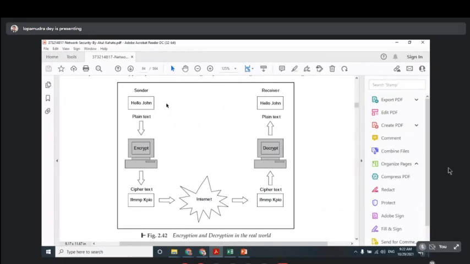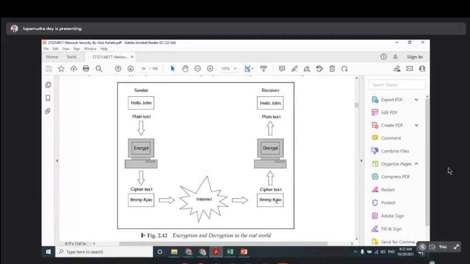In the application layer you are writing something, then it goes to the presentation layer, where the plain text to ciphertext conversion is done. Then this ciphertext is transferred to the session layer, transport layer, network layer, data link layer, and physical layer. The physical layer is where the data is actually transferred, via the internet, from sender to receiver.